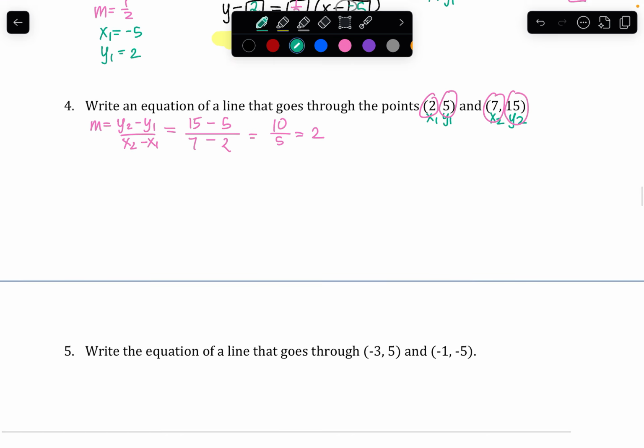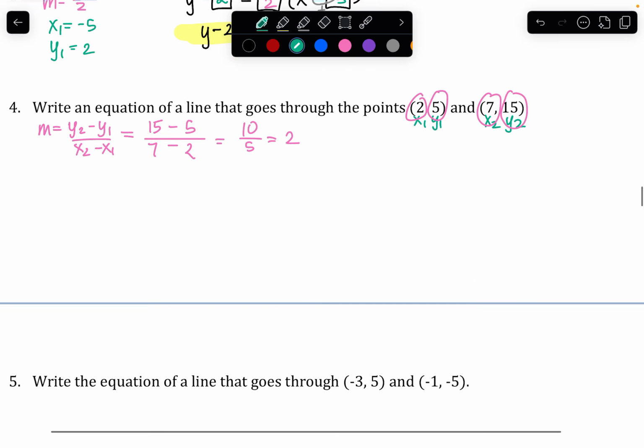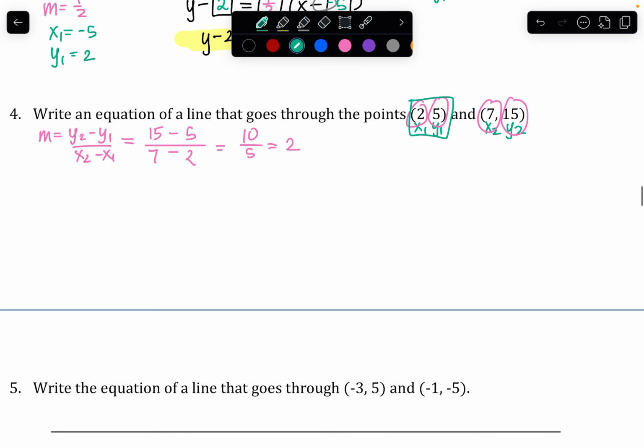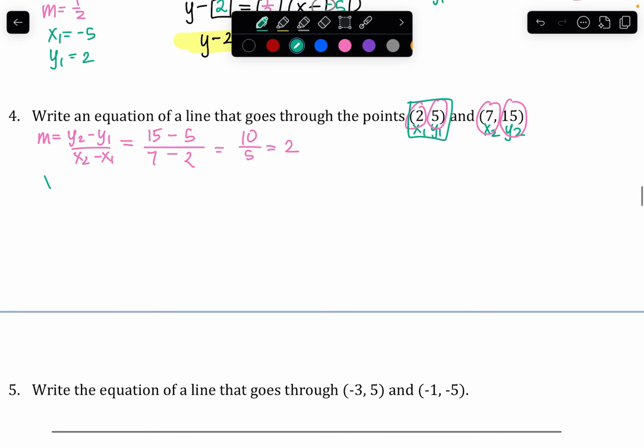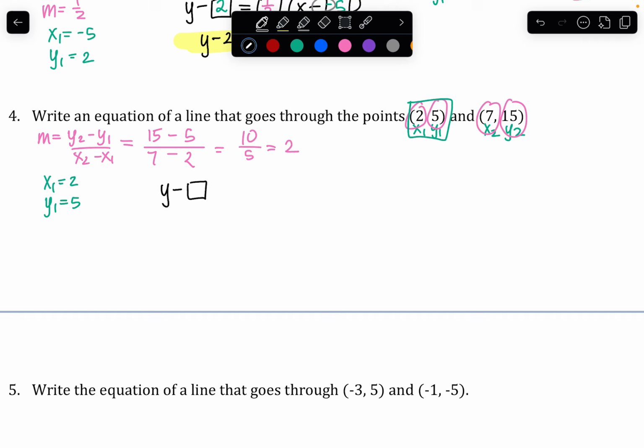So now we have our slope, and then you can use either point. I'm going to use x1, y1. You get to pick whichever one you want. And so x1 is 2, y1 is 5, y minus the y equals m times x minus the x.